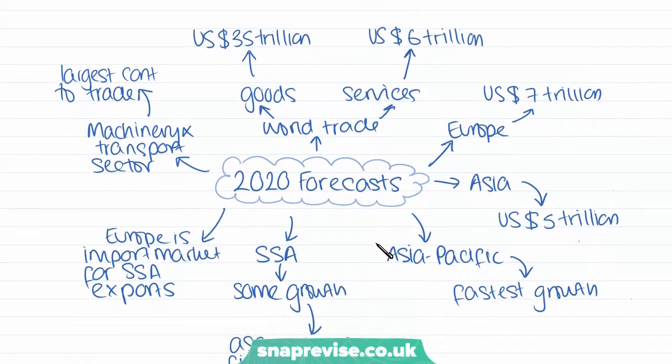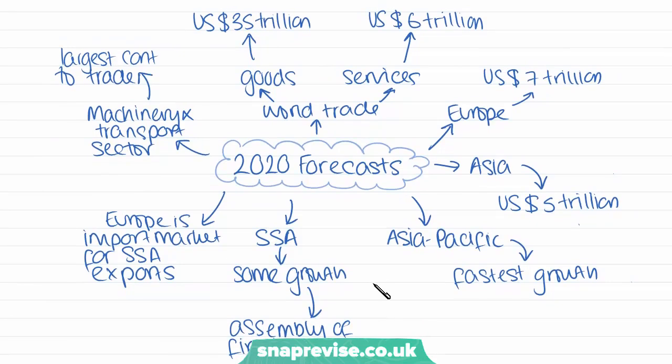So that's the current predictions, but now I'm going to talk a bit about the forecast for the future by looking at what we expect to be happening in world trade by 2020. So by 2020, world trade in goods will total about 35 trillion US dollars, and services will be about 6 trillion US dollars.